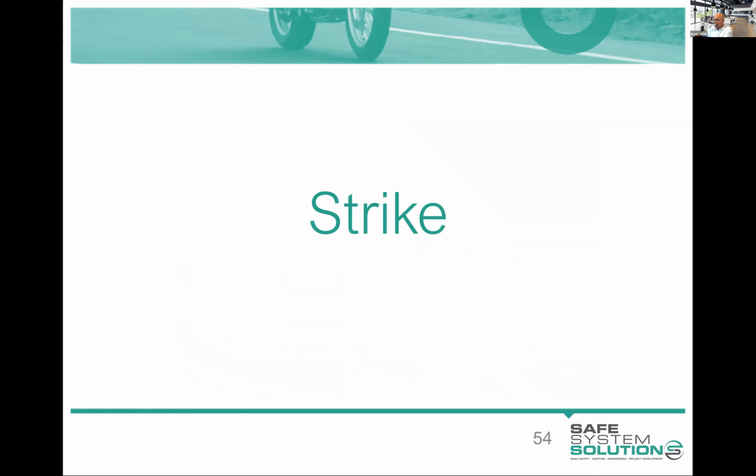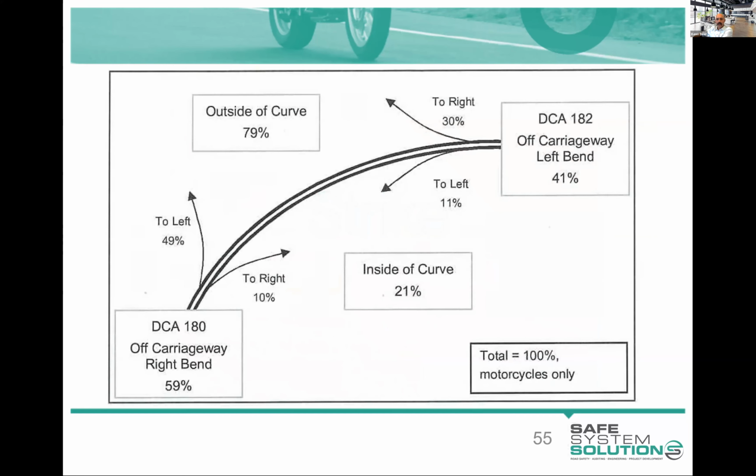And then if we get into strike hazards, motorcyclists are most likely to strike objects on the outside of curves. Other vehicles, it's a bit varied. Outside of curves is higher risk, but not as disproportionate as this.